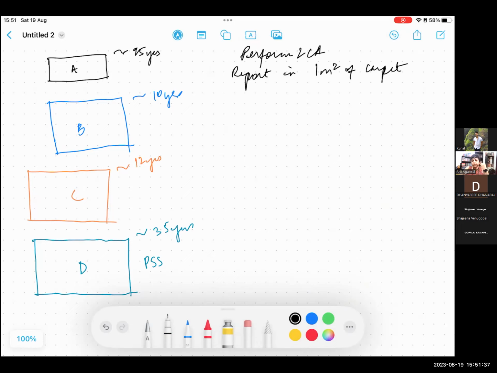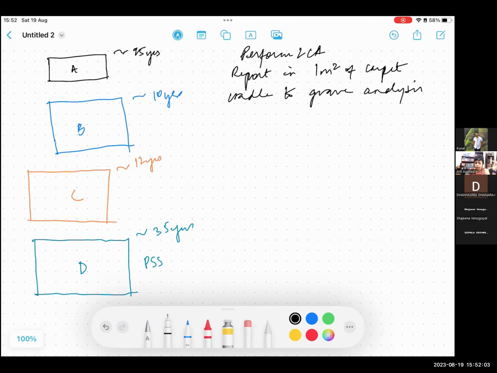So you say per square meter of carpet, right? Now you've taken the per square meter of carpet for each of these, and you're doing a cradle to grave. Now in cradle to grave, it covers everything.